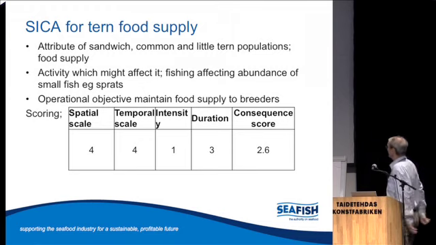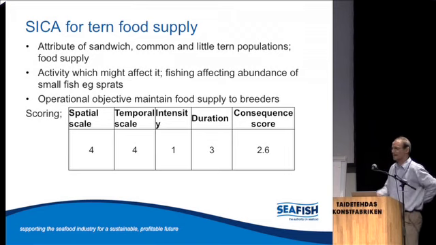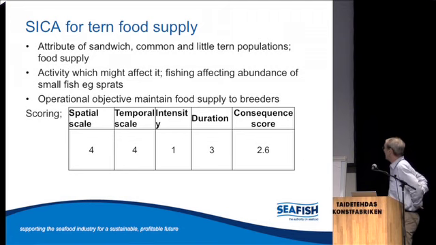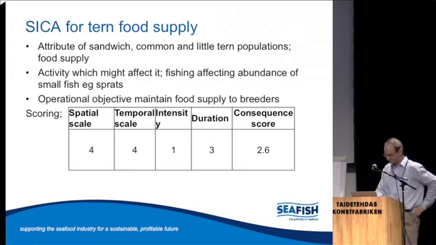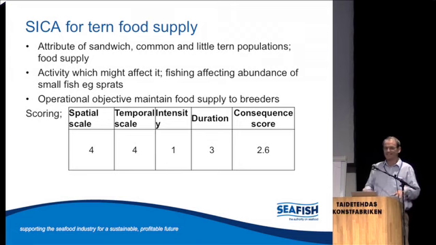Intensity: there are probably other small fish about that the terns will eat, so that was scored at a much lower intensity. Duration: if they fail one year, they've got to breed the next year, so there's at least a year there if there's a fail. So the consequence score from the geometric mean came out at about 2.6, which is the highest score we got for the birds.